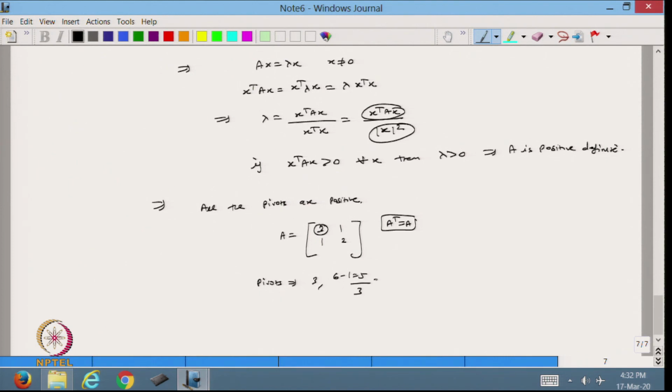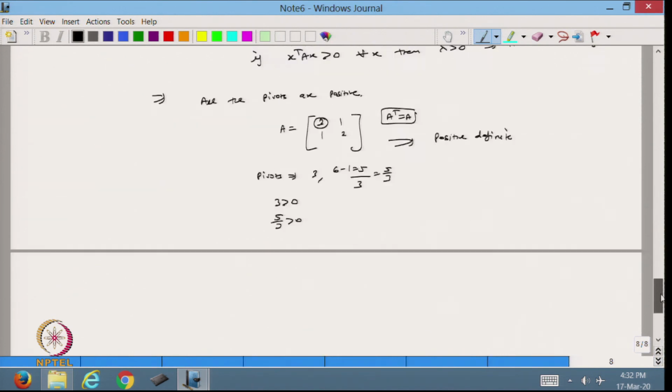So, that is 5 by 3. In this case my pivot 3 is positive, 5 by 3 is positive. So, from here I can say that this is a positive definite matrix.